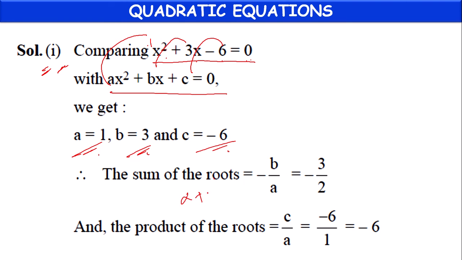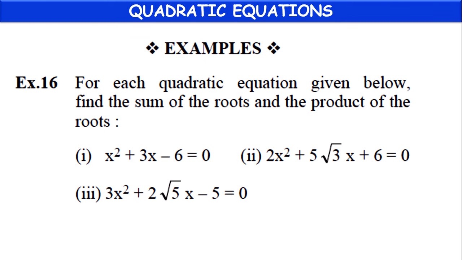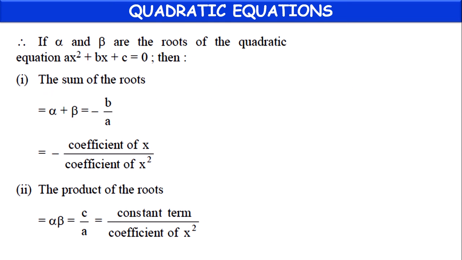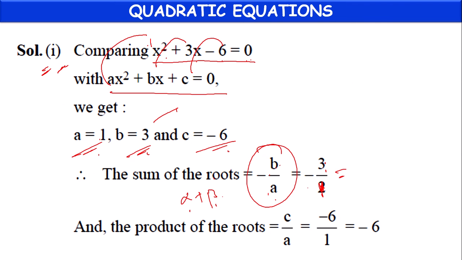Now, the sum of the roots alpha plus beta equals, by the formula, minus b by a. So minus b value is 3, and a value is 1, children, not 2 here, it's 1, a value is 1.